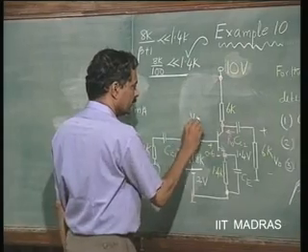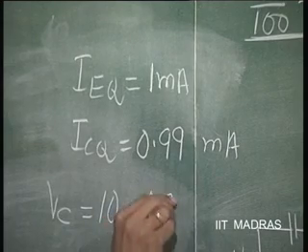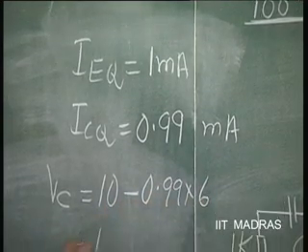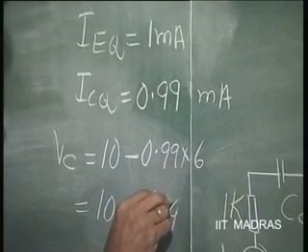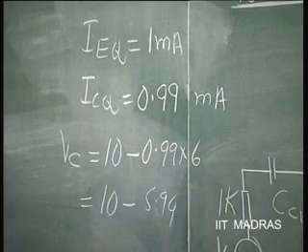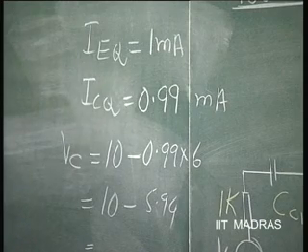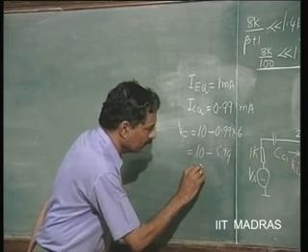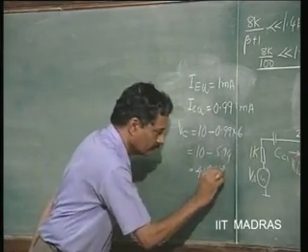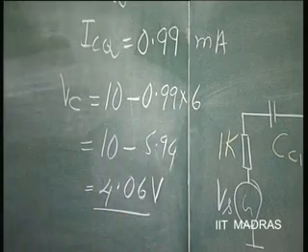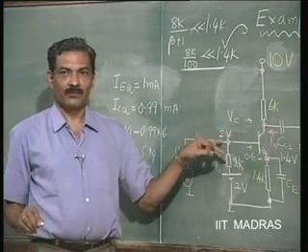So, this voltage VC is going to be 10 minus 0.99 into 6. This is going to be very nearly equal to 4 volts, or actually speaking, how much is it? 4.06 volts. So, this is at 2 volts, this is at 4 volts, or 4.06 volts.